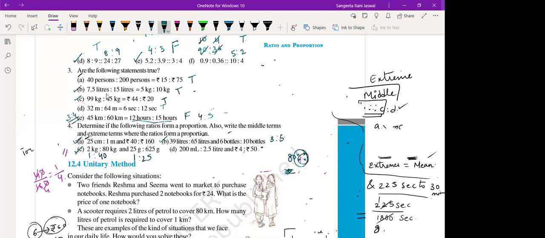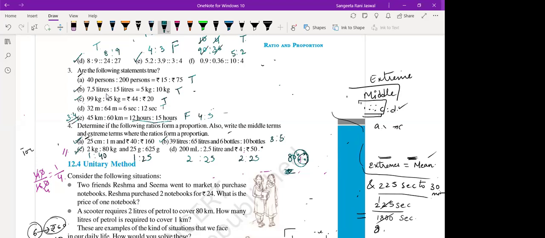Okay, next, Neha, last one. Yes, ma'am. Ma'am, they are in proportion. 2:25. Both are 2:25. Okay, so they are in proportion. Middle terms and extreme terms are? Ma'am, the middle terms are 2.5 liters and rupees 4, and extreme terms are 200 milliliters and rupees 50.